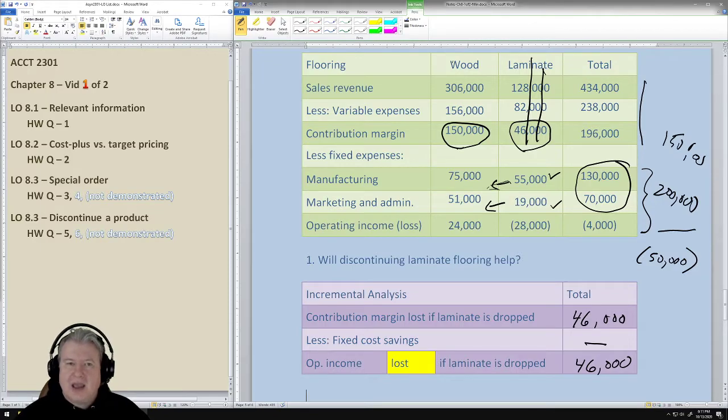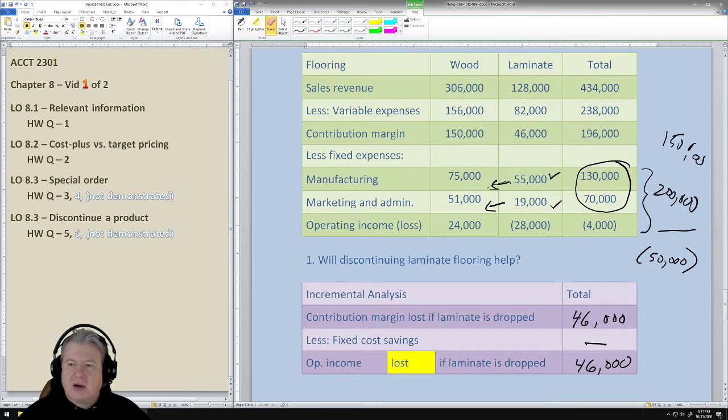So what we say instead is, it matters less whether or not the operating income is minus or not. This number is really dependent upon how someone has set up these fixed costs.